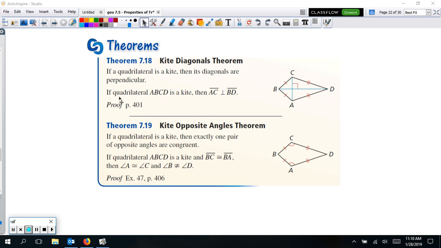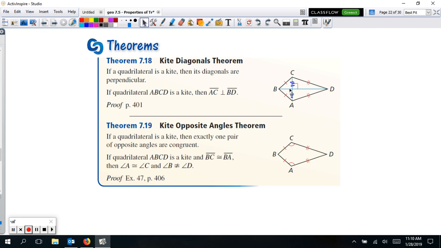So it says if quadrilateral ABCD is a kite, then AC is perpendicular to BD. And another thing that I might just put in here for you is that this diagonal right here actually bisects this one. So here's another thing you can know: these are going to be congruent to each other.